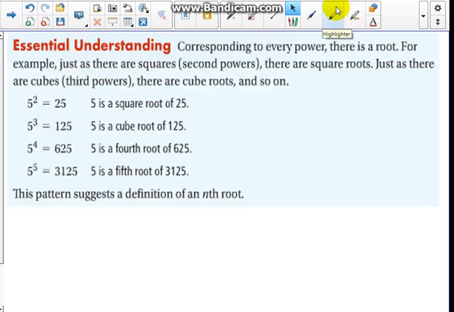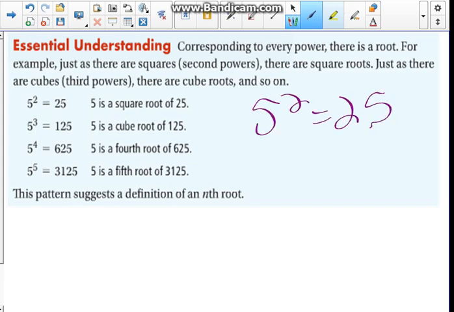To begin, we need to understand that when you work with powers, corresponding to every power, there is a root. There is a root for every power. So if I have 5 squared equals 25, then we can say that 5 is a square root of 25.